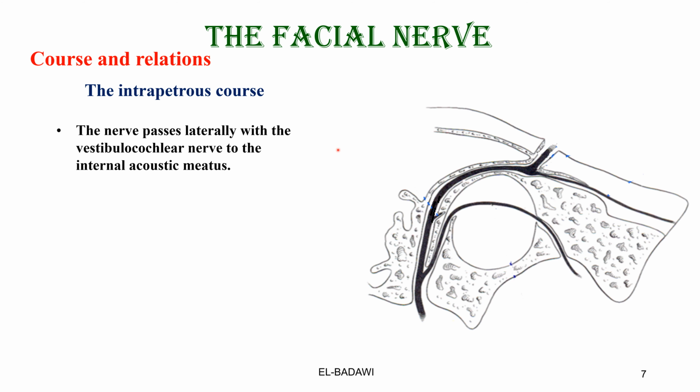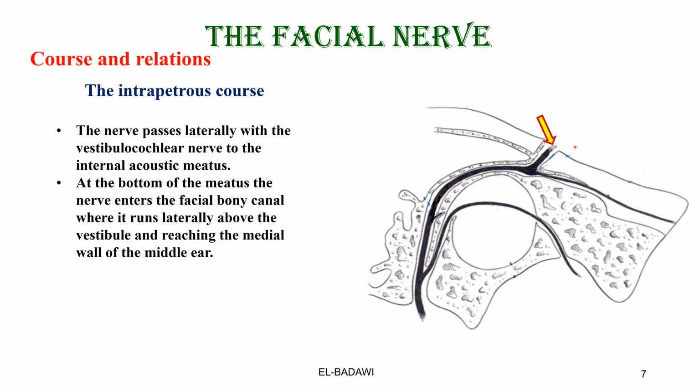So the nerve will pass laterally with the vestibulocochlear, as we said, in the upper area of the internal auditory meatus, which will be beginning over here. Then it will pass at the bottom of the meatus.